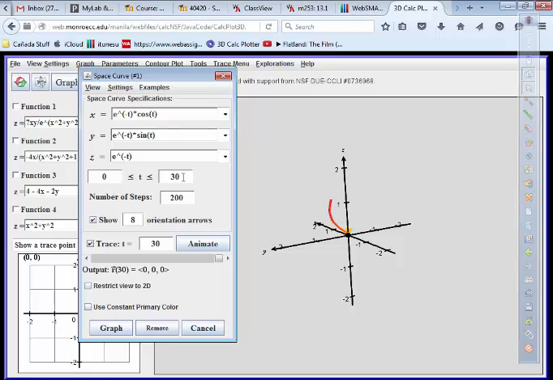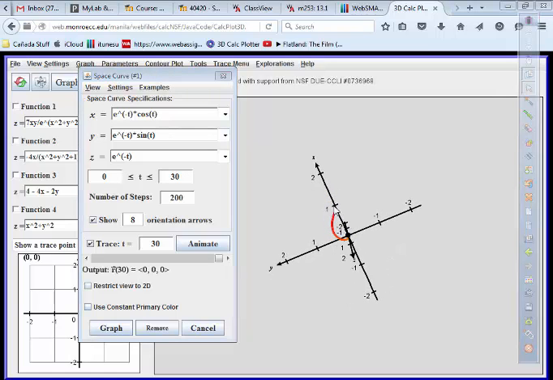Since this is an exponential function, it's going to shrink down exponentially. So you may need to view it a little bit differently because it's going to shrink down really quickly. So maybe instead of going from 0 to 30, I just need to go from 0 to 5.